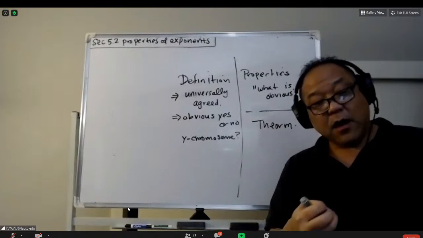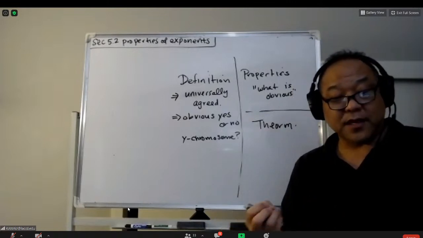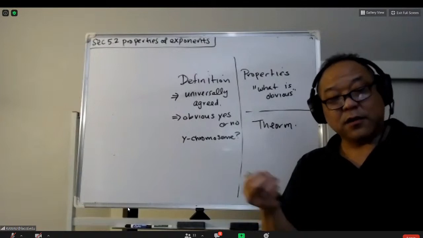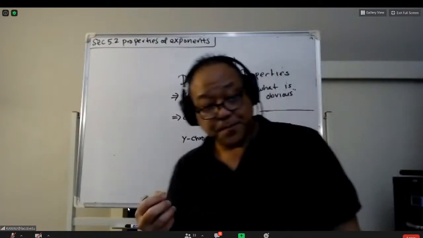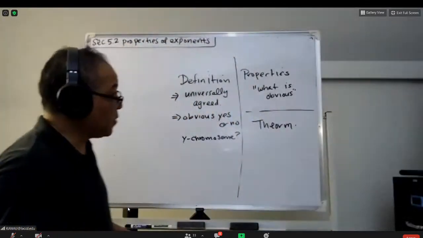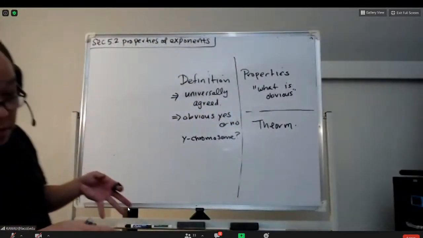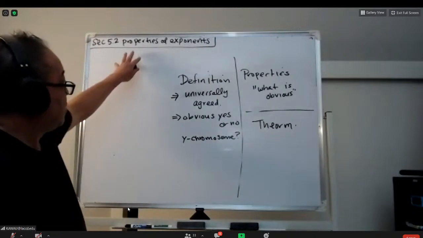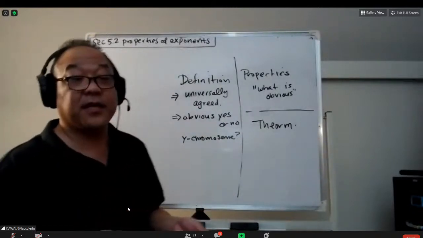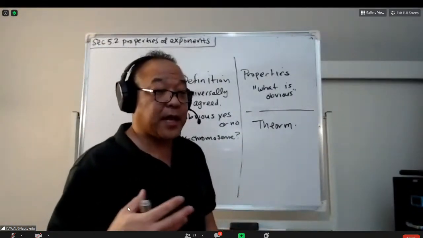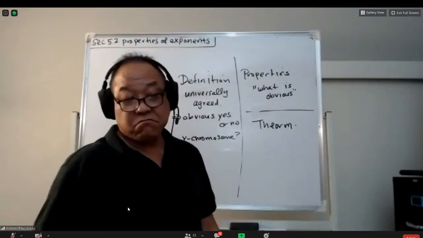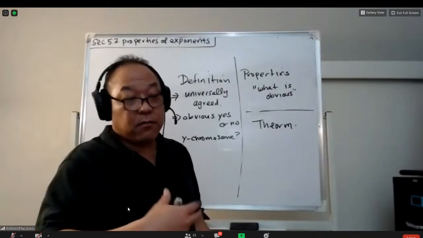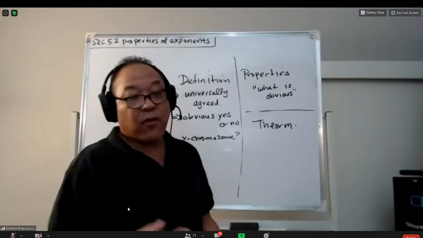That has all kinds of ramifications in terms of murder, abortion, contraception, and so on and so forth. Okay, so what we're learning here is properties of exponents. They're not things I have to prove. They're things that are so obvious that people go, yeah, that's right, I agree, because it seems obvious.